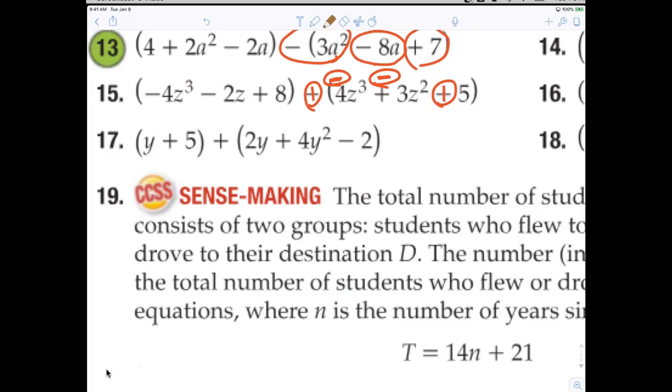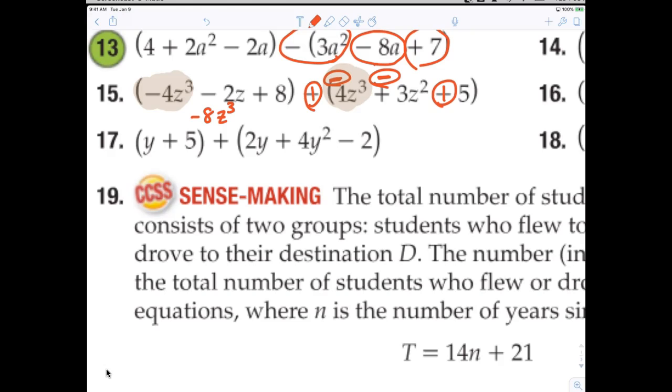So when I combine terms, I'm looking here and looking here. What does that become? Negative 8z cubed. After the cubes comes the squares. So how many z squareds are there? Say it. How many?